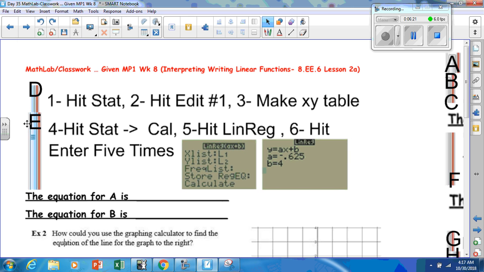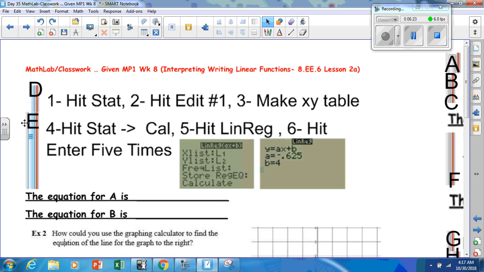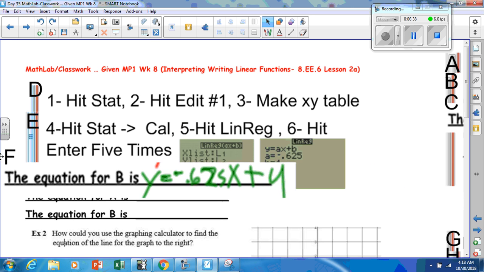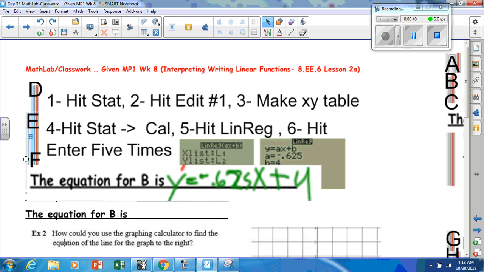We have an equation that looks very much like this. Y equals negative 6.25x, and the y-intercept is 4.